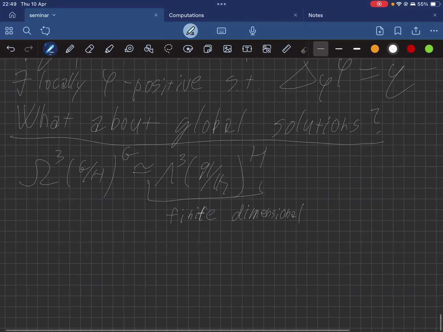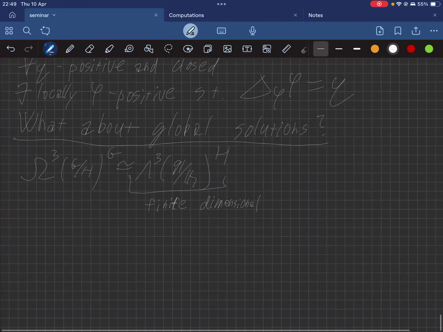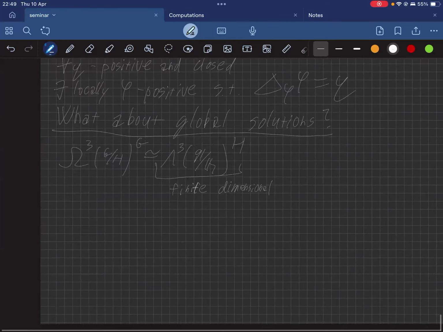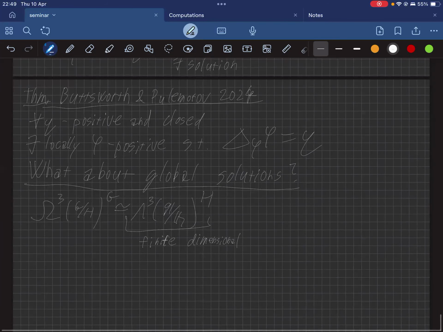So essentially, assuming a lot of symmetries enables you to reduce your problem to a finite dimensional problem, which is amazing.